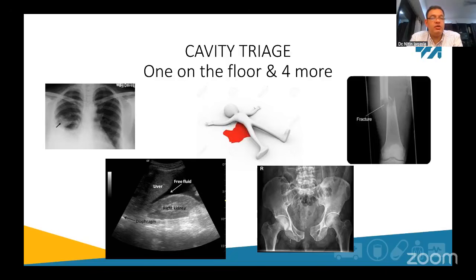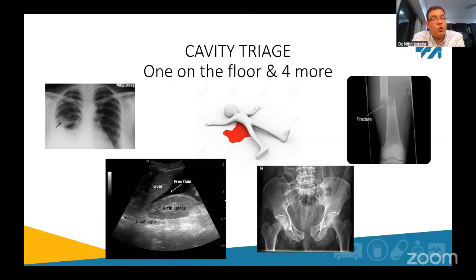By closing the cavity, you create a tamponade and get control of it. If you're unlucky and your patient has arterial bleeding, then obviously the binder won't work. But like I mentioned, 85% of the time the binder would be good enough.